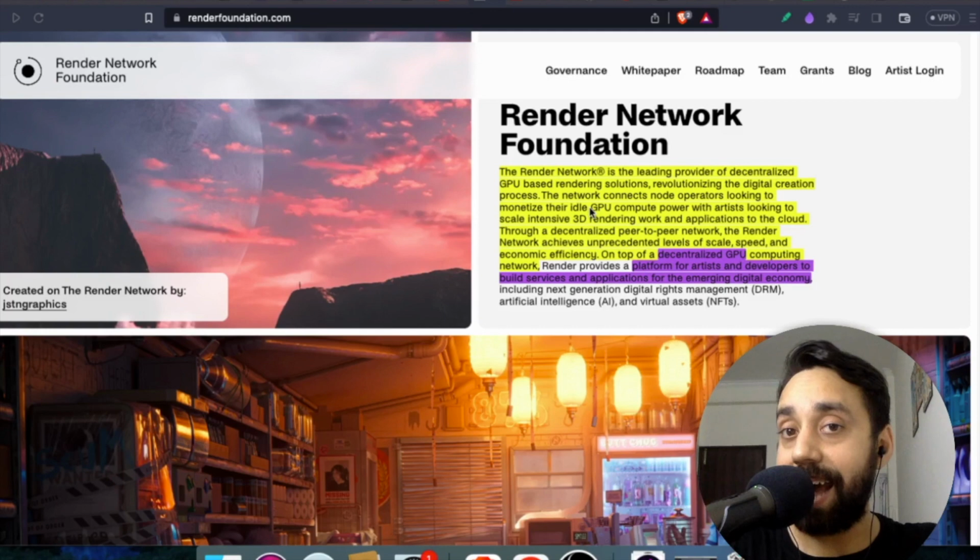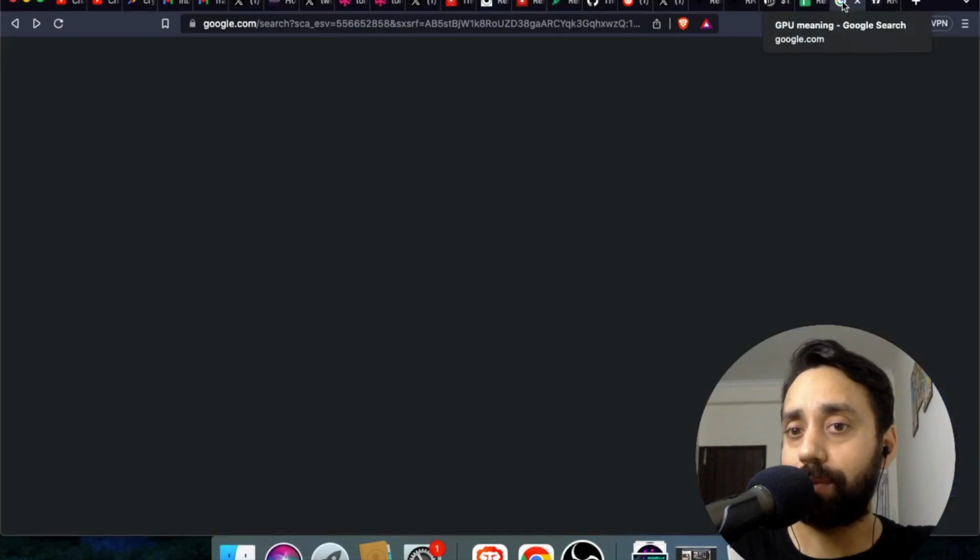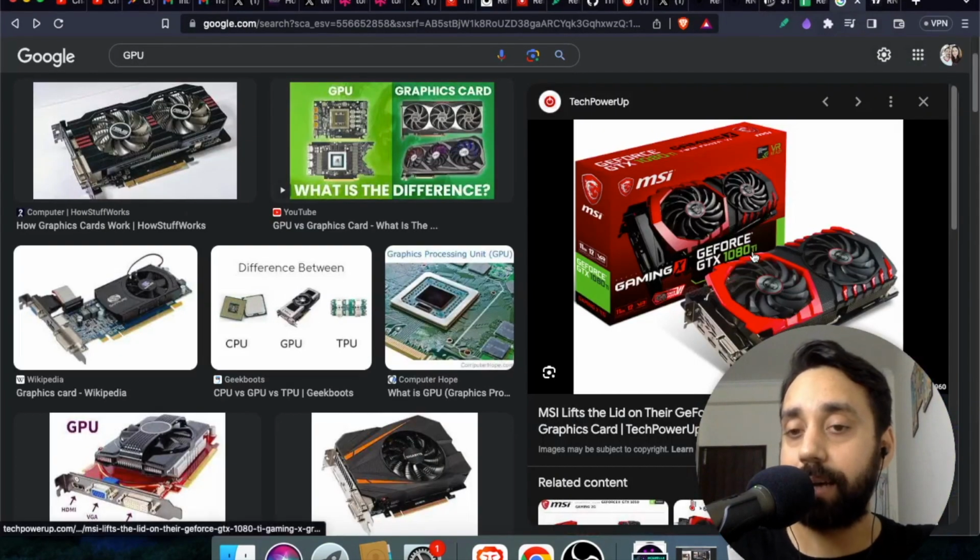So it has not one but two essential use cases. Number one, it is making the GPUs decentralized, which means if you are holding a GPU, so just let me tell you what a GPU is if you don't know. This is what a GPU looks like. It is called a graphics processing unit. If you are a gamer or if you have a gaming PC or maybe you are a miner, you will understand what a GPU is.